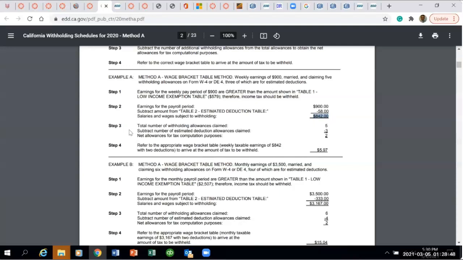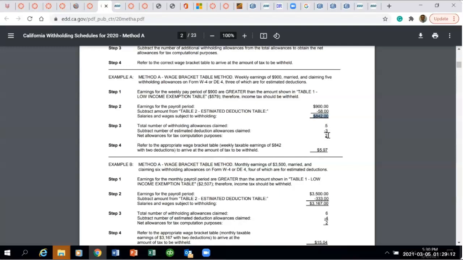Step 3 says the number of withholding allowances claimed, obviously they claimed 5. Subtract the number of estimated deduction allowances, which was 3. So what is the net allowances for tax computation? It's just 2. For the 3, I already gave them credit here, so we don't need them anymore.